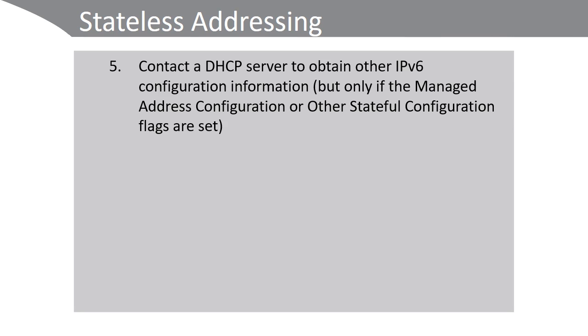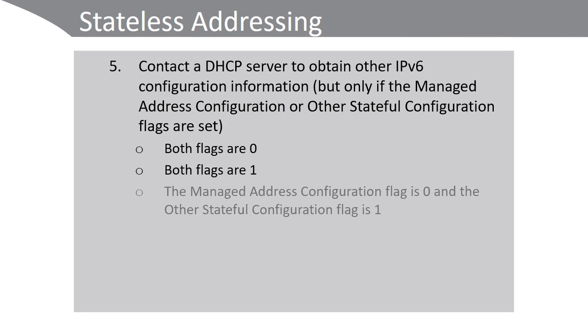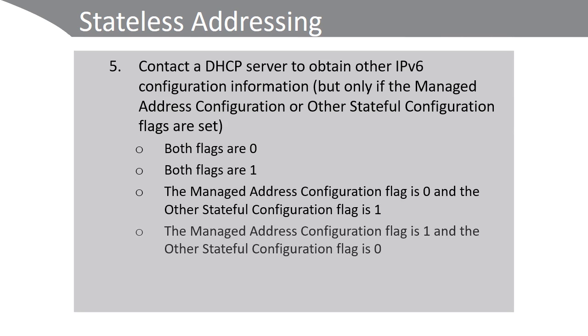Now, whether or not it performs step 5 here is dependent upon if the managed address configuration or other stateful configuration flags are set. These are IP6 configuration parameters, I suppose. If both flags are 0, both flags are 1, the managed address configuration flag is 0 and the other stateful configuration flag is 1, the managed address configuration flag is 1 and the other stateful configuration flag is 0.